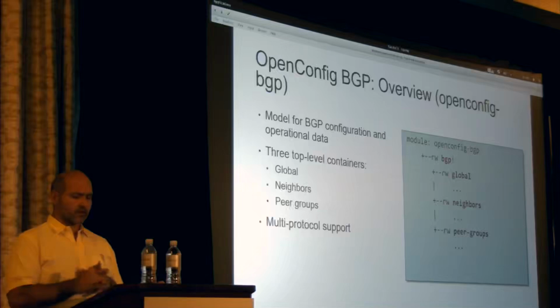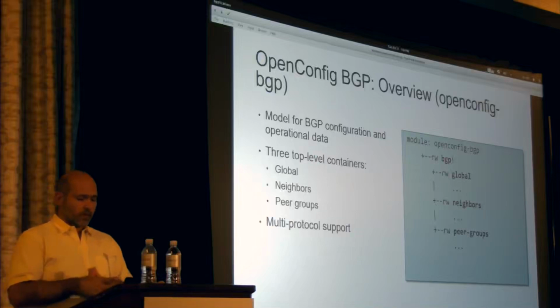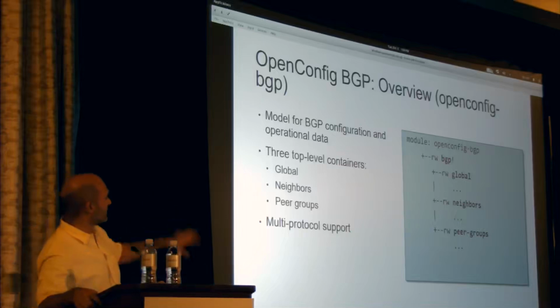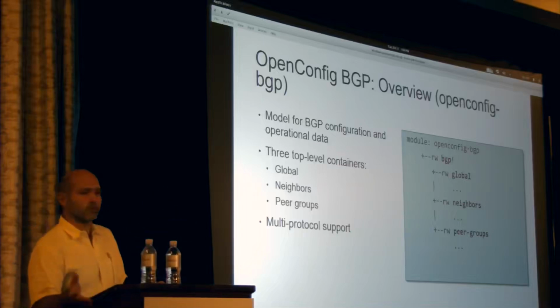This is, if I remember correctly, the first model that was published by the OpenConfig group. You're going to see very quickly that there are three top containers. The root of the model is BGP, no surprise, and there are three main containers defined: global, for the global BGP configuration of the device; neighbors, which contains all the neighbors known to BGP; and peer groups.